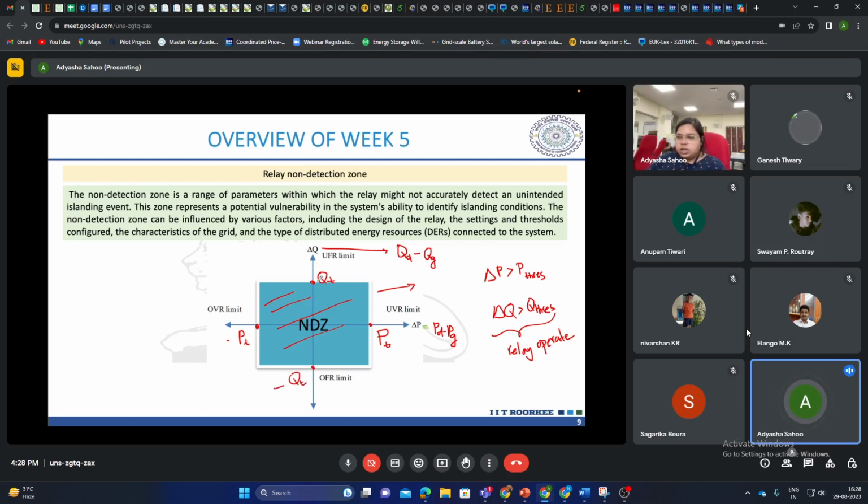So only if the mismatch is greater than these threshold points will the relay operate. But if it lies in this region, that is, the mismatch is less than the threshold, then the relay is unable to detect, unable to operate.